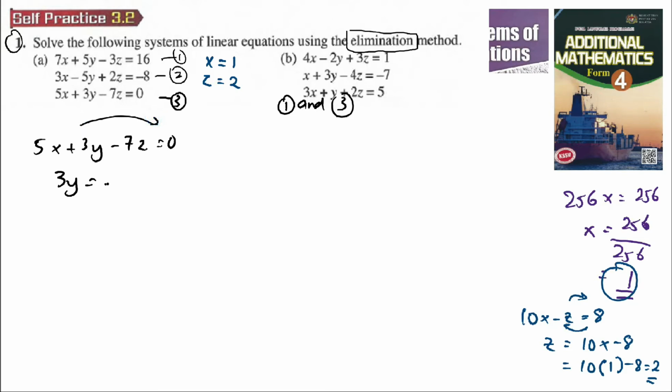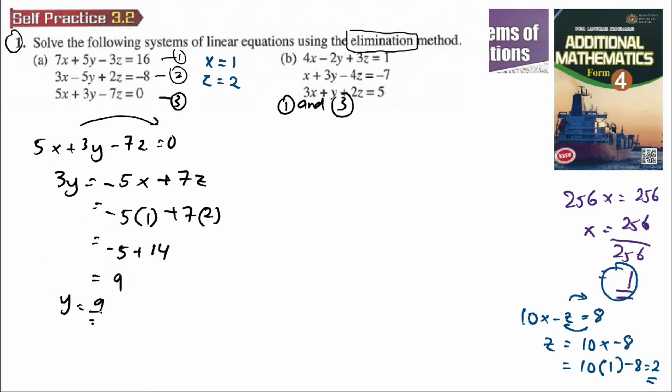So 5x becomes negative 5x, negative 7z becomes positive 7z. So negative 5 times 1 and z is equal to 2. So here we get negative 5 plus 14. So here we get 9. So 3y is equal to 9. y is equal to 9 divided by 3, which is equal to 3. So you know that your y is equal to 3.